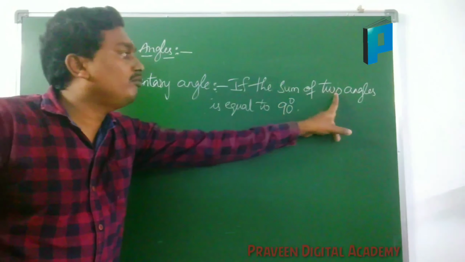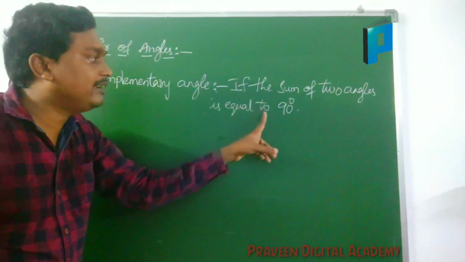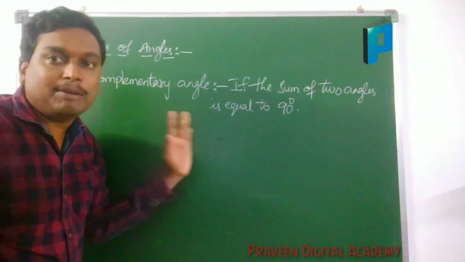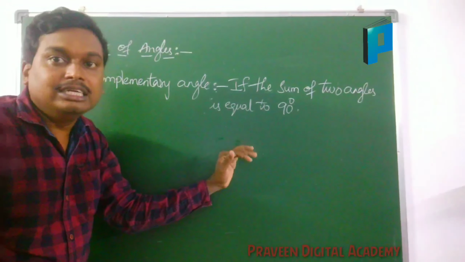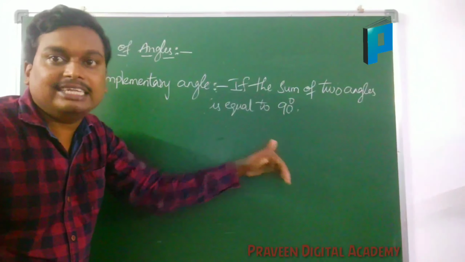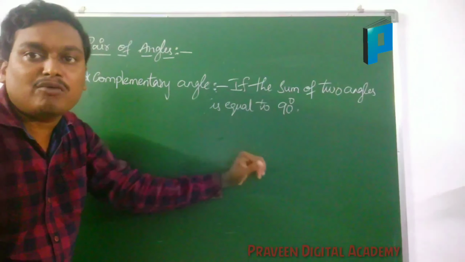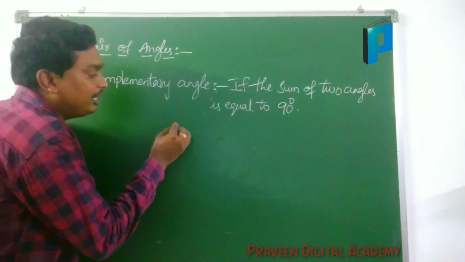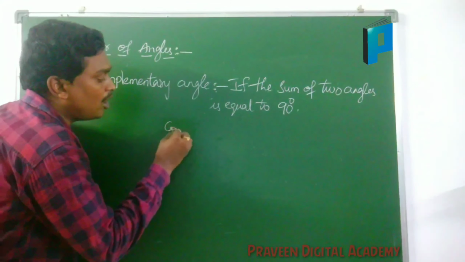The sum of two angles should be equal to 90 degrees. Wherever the sum of two angles is equal to 90 degrees, we say such angles are complementary angles. I will give you an example here.